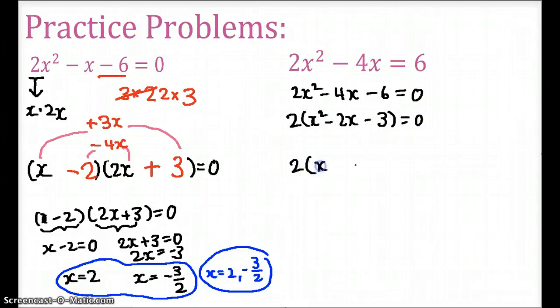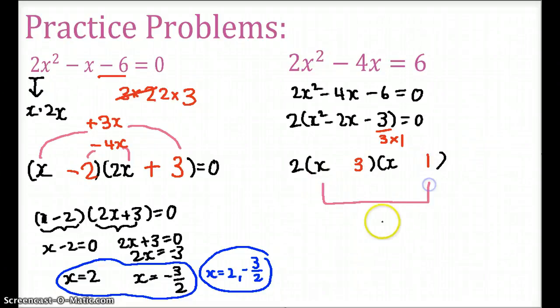So x, x, and my two factors for this is going to be 3 times 1. So we have 3, 1. Then we're going to think about the outside, which is going to be x, and the inside, which is 3x. And in order to get negative 2x, we're going to go negative 3x plus positive x. So we have negative here and positive here.